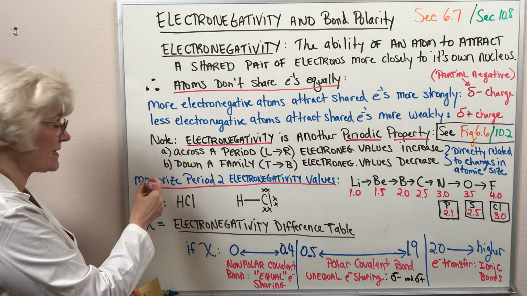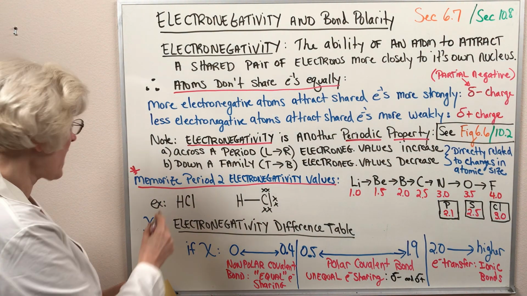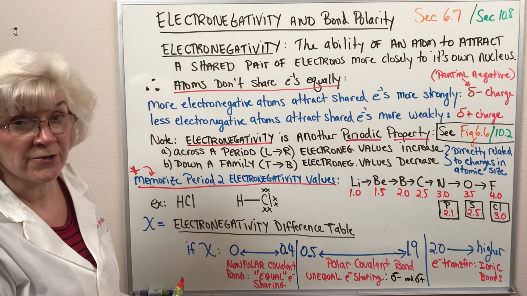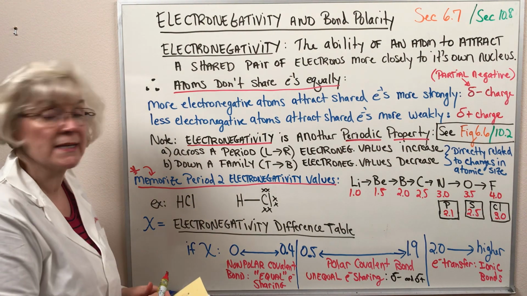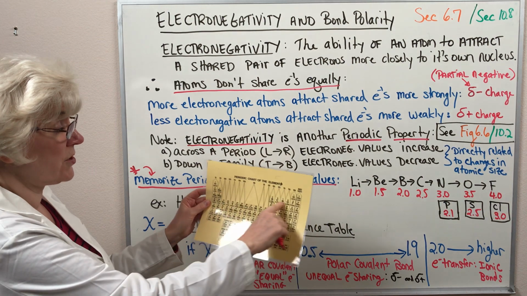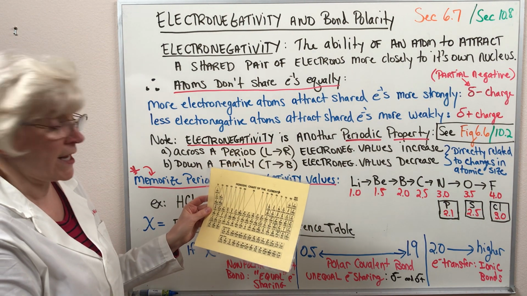Now here is a task that seems initially daunting, but in fact is quite easily accomplished in a couple of minutes. I would like you to memorize the electronegativity values of all of the period 2 elements, lithium all the way through fluorine.